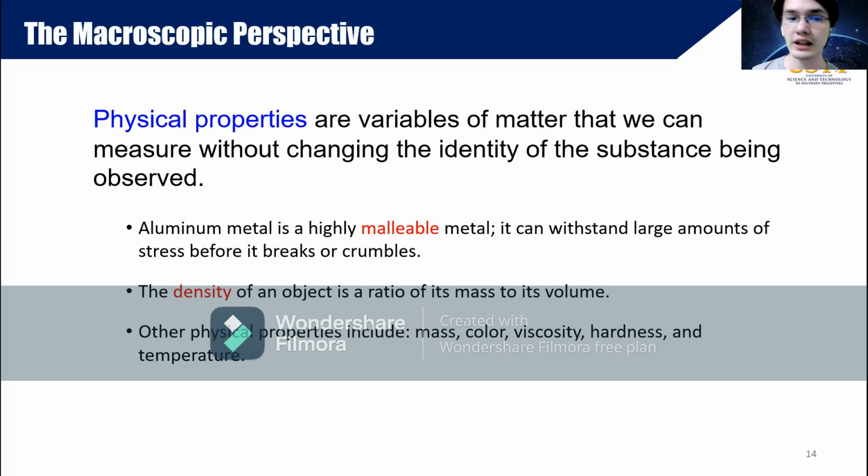So an example are density sa object, mass, color, viscosity, hardness, and temperature. Kani sila ma-measure ni sila without changing the identity of the substance. Aluminum japon siya kung imo siyang i-measure.